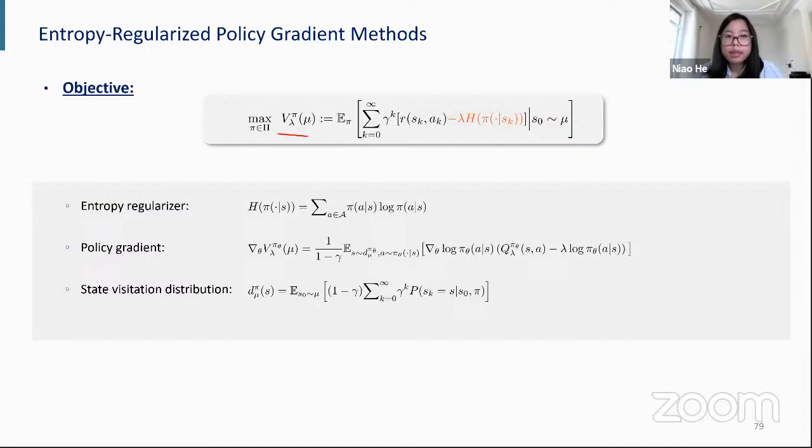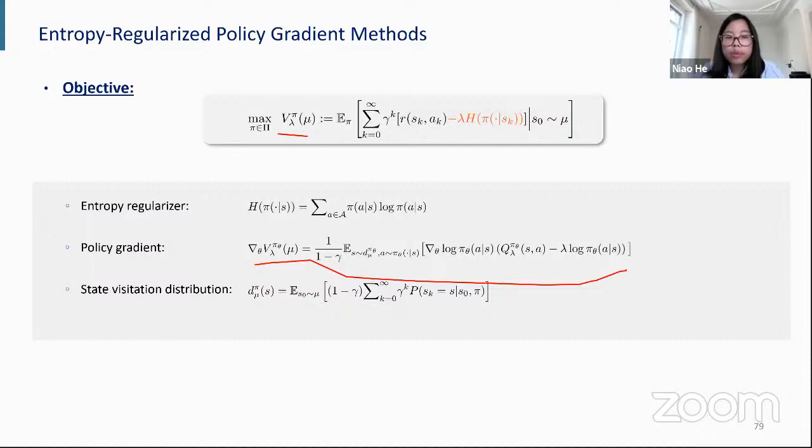This is a slightly different objective, and you can control the difference between this and the original objective by this regularization parameter lambda. And you can show that you can also compute the gradient with respect to this entropy regularized objective. The gradient will be given by this term here, which depends on the state action value function Q at the current policy pi theta, and also on this state visitation distribution.